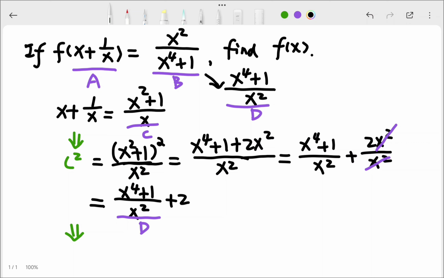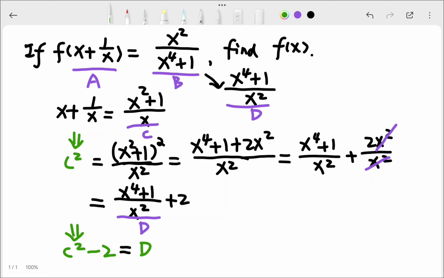Now, let's take it one step further to go c squared minus 2, moving 2 to the left-hand side of the equal sign. Instead of writing this, I'm just going to use d instead. Okay. Now, d is not the ultimate target, it's b.